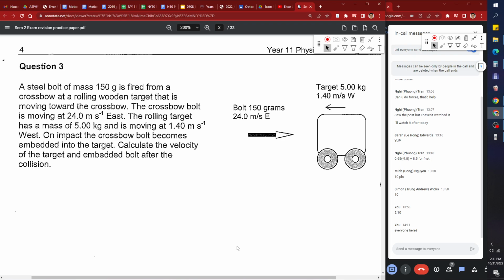So what do you guys think? What is the topic this is looking at? Well, what information does it give us?